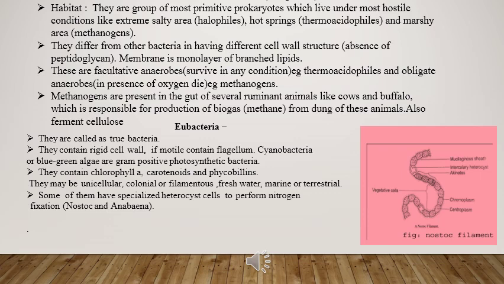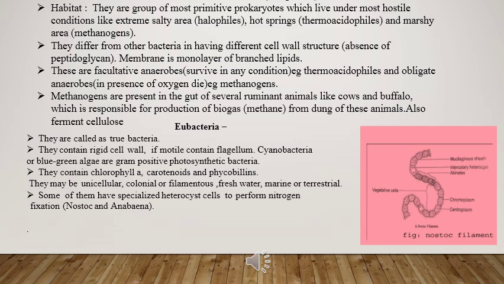The next category of Monera is eubacteria. These are the true bacteria, and in this category the cyanobacteria are present, the blue-green algae. So these blue-green algae are gram-positive photosynthetic bacteria.